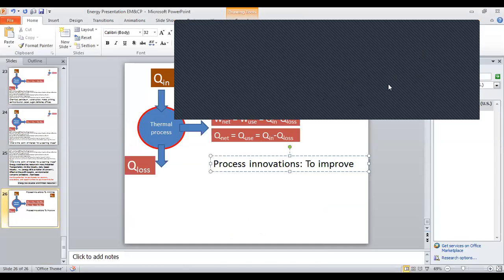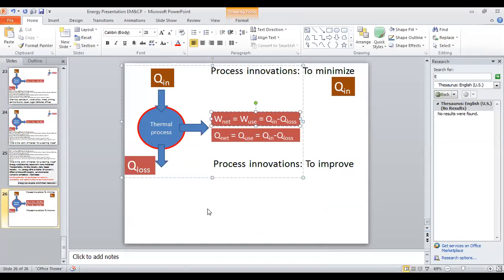Improve your output. Same Q in maybe, but you are maximizing the output.